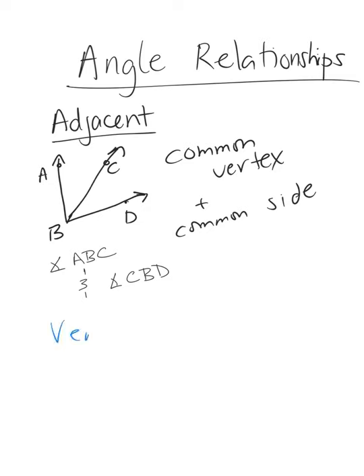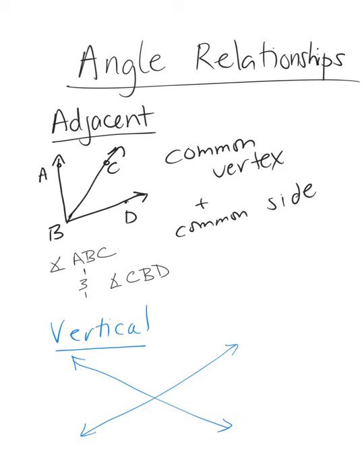Vertical angles: two non-adjacent angles formed by two intersecting lines. So here's a line.